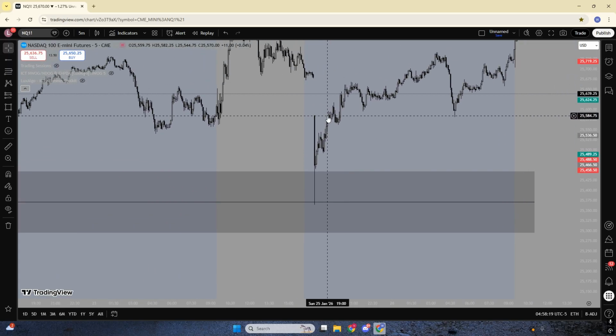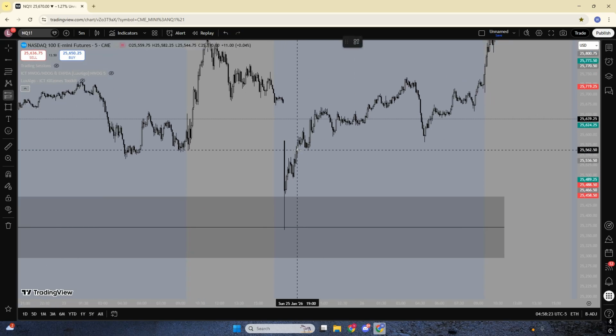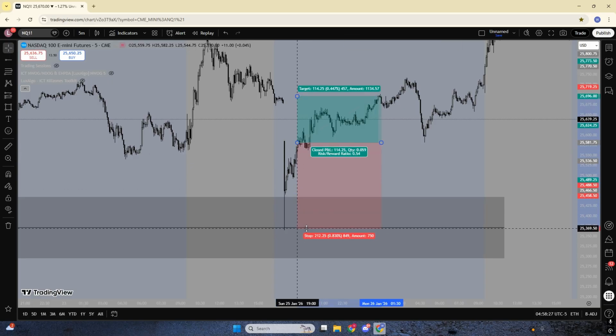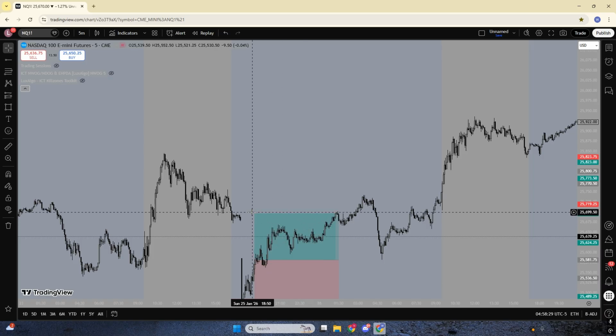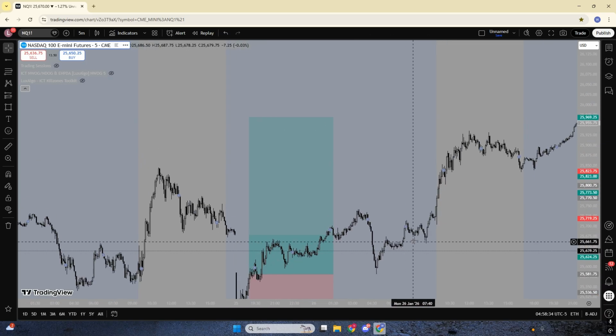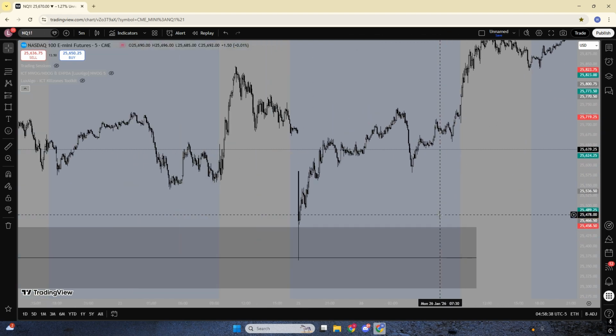Gives the reaction here, inverse. Have your long order right here after the inverse. Maybe you would wait for retracement, but it didn't retrace here, and the target these levels of liquidity. Yeah, and you would have banged out.